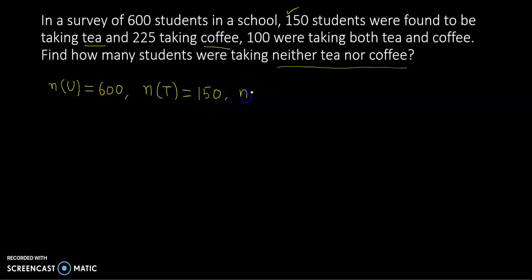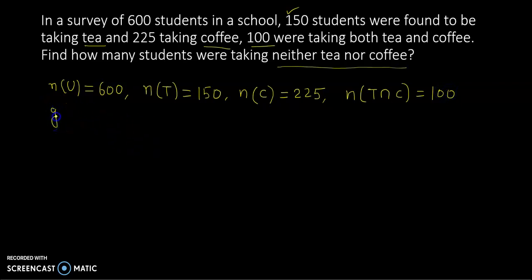Then the number of students taking coffee, n(C), is given by 225, while there are 100 students who are taking both tea and coffee. So that's the given information with me.